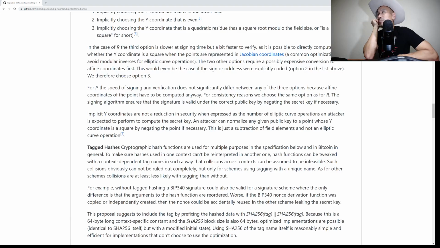An attacker can normalize any given public key to a point whose y coordinate is a square by negating the point if necessary. This is just a subtraction of field elements and not an elliptic curve operation. Because we know n, which is the order of the group that's being used, we can just do n minus the secret if things don't work out, basically.